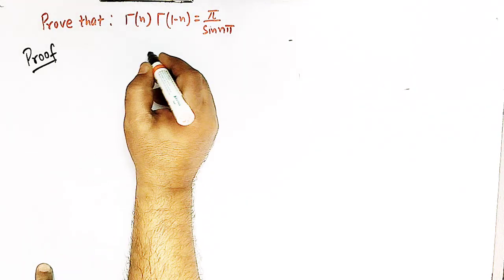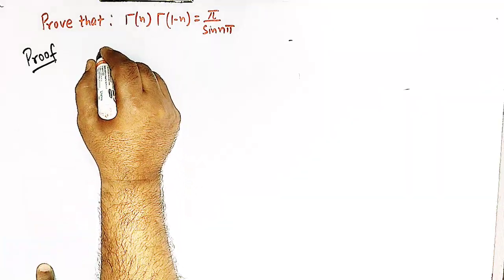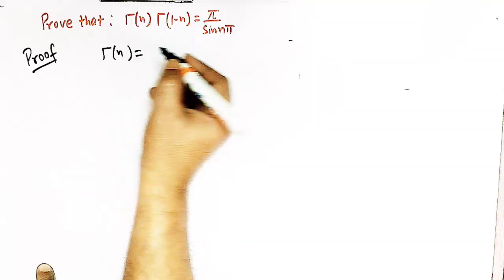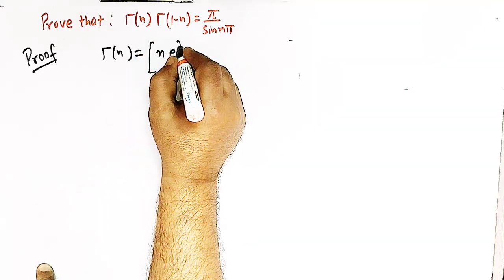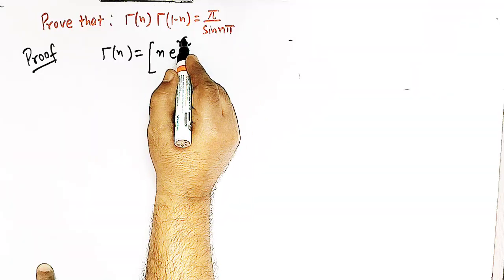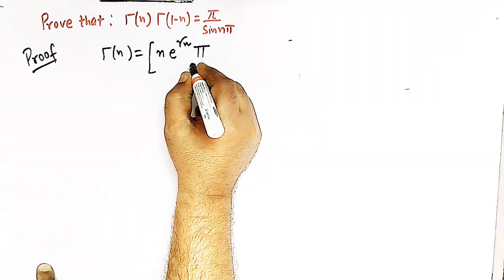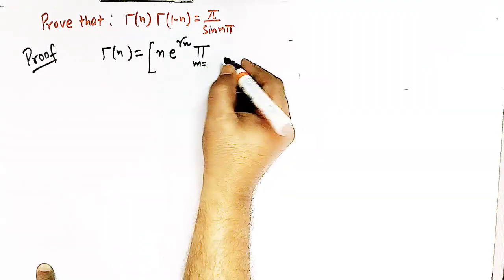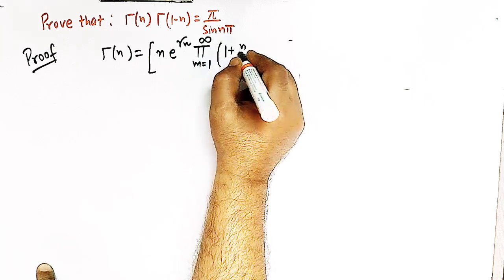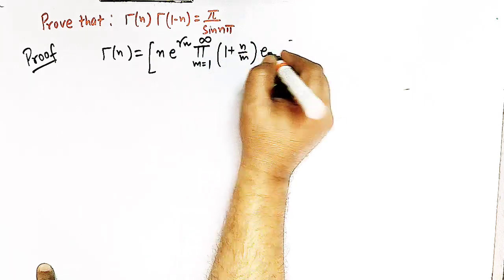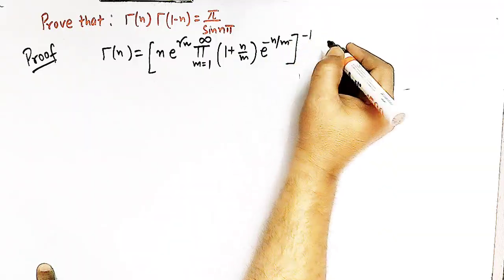Now the definition of the gamma function as defined by Weierstrass is given by this expression: Γ(n) is equal to n times e raised to γn, where this γ is Euler's constant, and here we have the infinite product from m equal to 1 to infinity of (1 plus n over m) e raised to minus n over m, raised to minus 1, right?